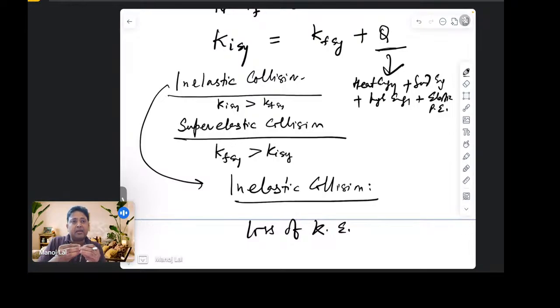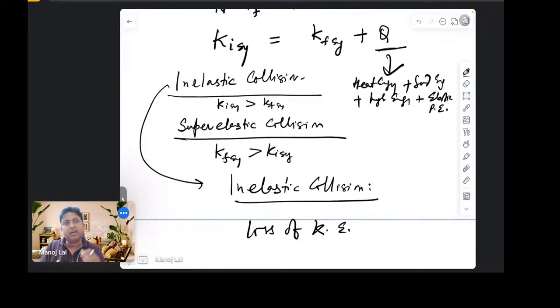Because of Coulombic repulsion, they have some minimum distance, and then they deviate from their initial path. I will come to that also. Though we are saying after collision it is moving in a straight line, it is not quite so. It may be head on, and typically one returns back, recoils back, and another moves forward.